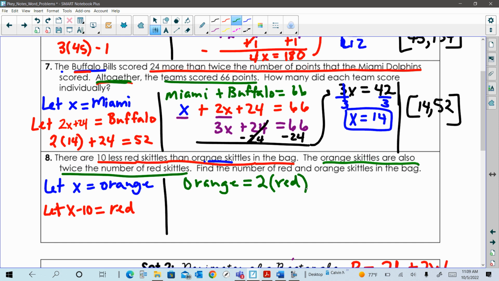So I'm just going to substitute. Orange is x, so I need to do 2 parentheses x minus 10. So what needs to happen first to solve this? Yeah, distribute. Okay, I'm going to let you finish this problem so I can check it before you leave. I want to know how many orange and how many red are in the back.